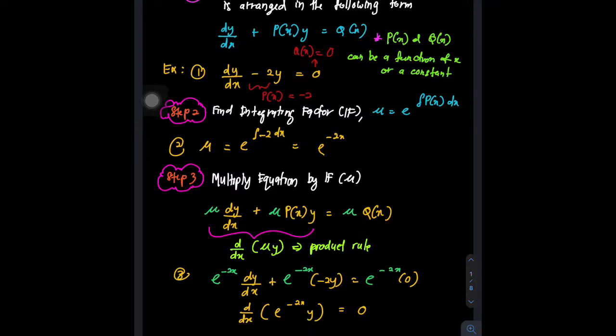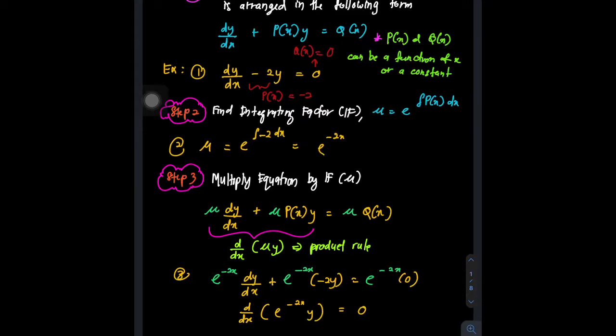Okay, so let's look at the example. So your example just now, dy over dx minus 2y is equal to 0. You already have the integrating factor, which is e power of negative 2x. And then step 3 says that you have to multiply the equation by the integrating factor. So you multiply both sides with e power of negative 2x. So you can just simplify, and then you will get the derivative of e power of negative 2x times y.